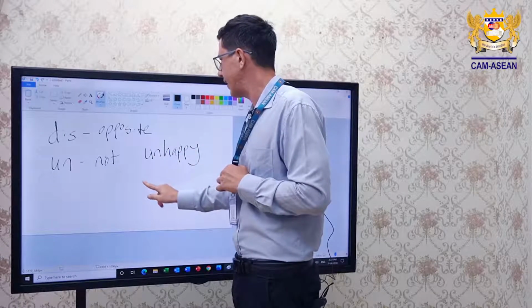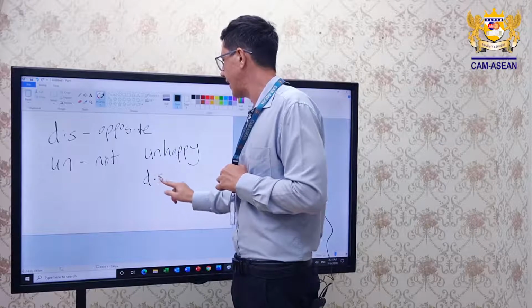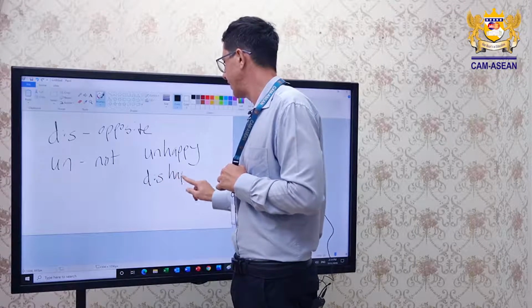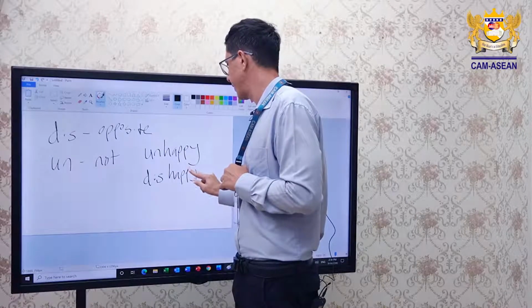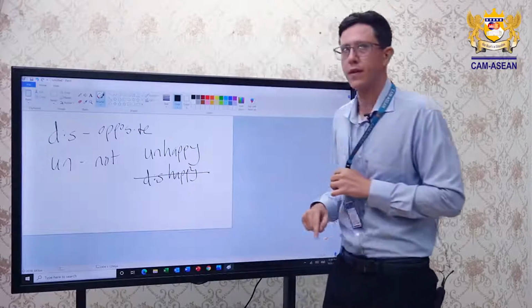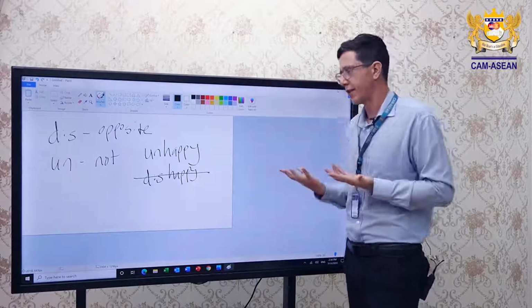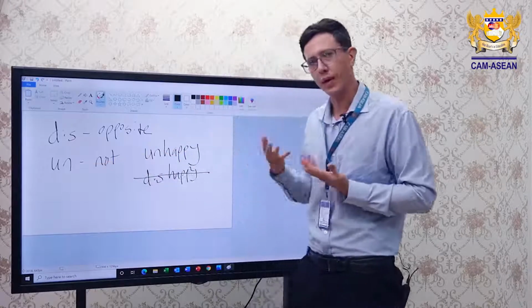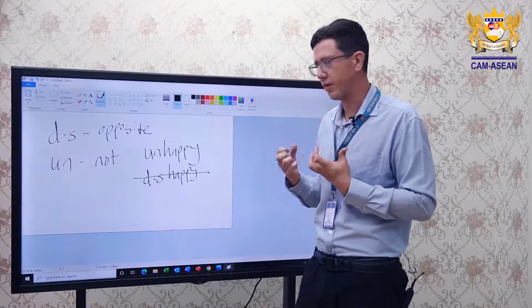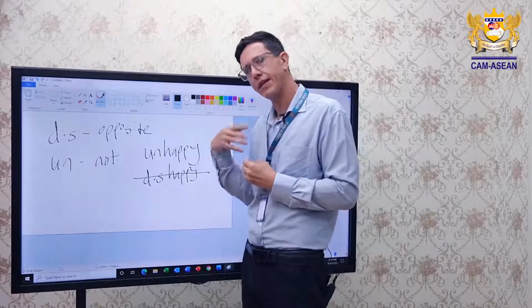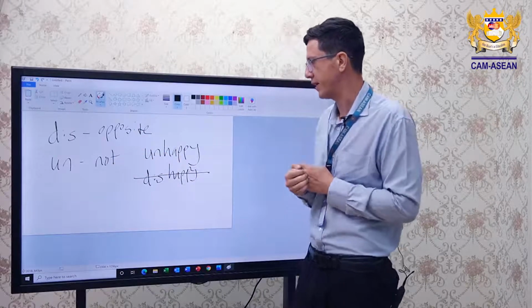So why do I say unhappy and not dishappy? Why? Why is this one wrong? Well, that's what we're trying to understand. What prefixes work with what words? And it can be kind of difficult to guess. So that's why I say start with the vocabulary and then memorize what these prefixes mean.